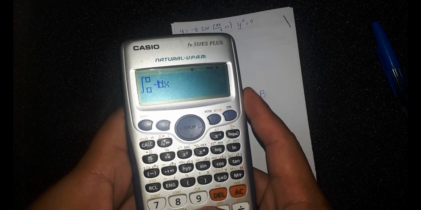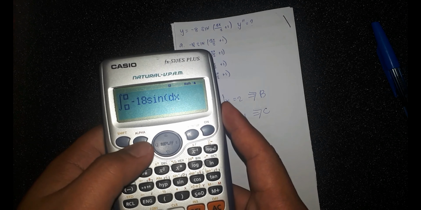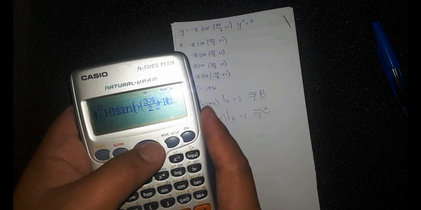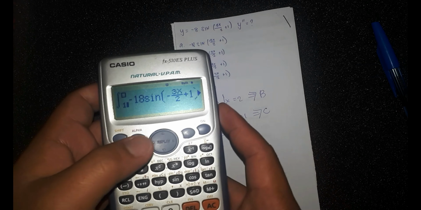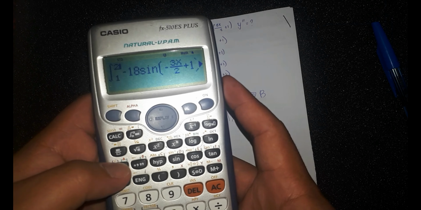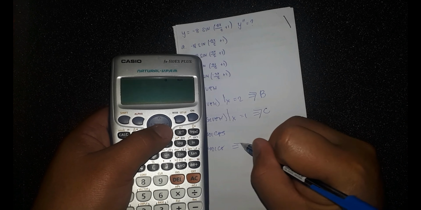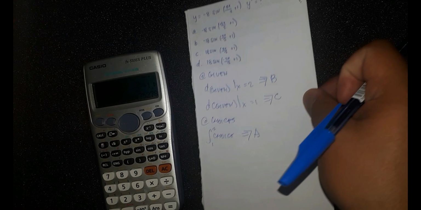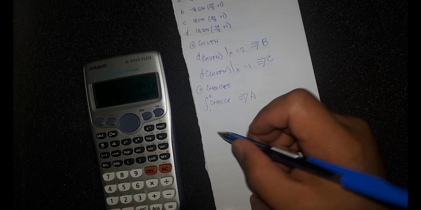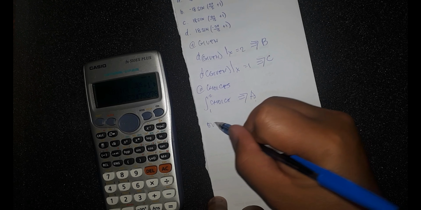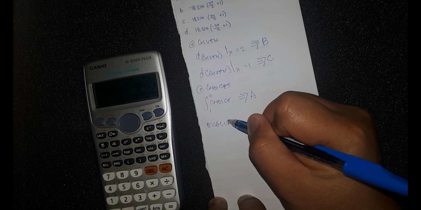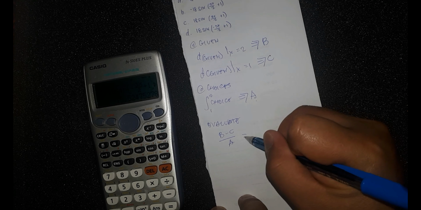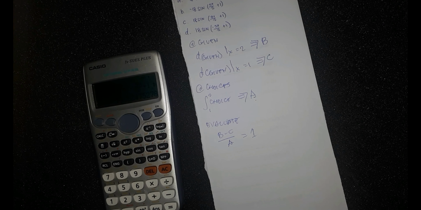Integral ng negative 18 sine negative 3x over 2 plus 1 with lower limit 1, upper limit 2, and store mo siya sa A. So let's then after getting the A, let's evaluate B minus C all over A, must be equal to 1 so that it is the answer.